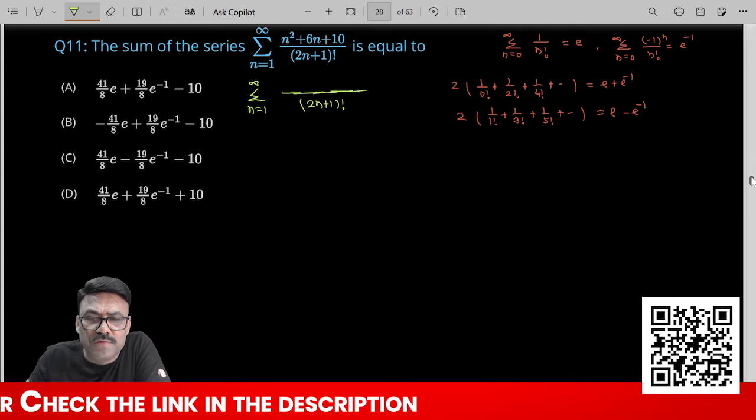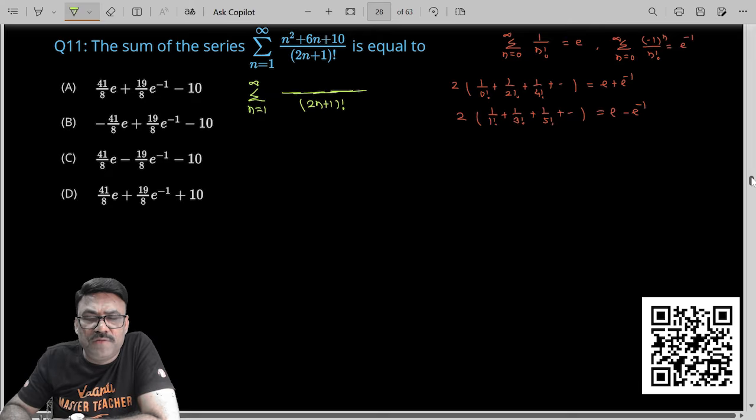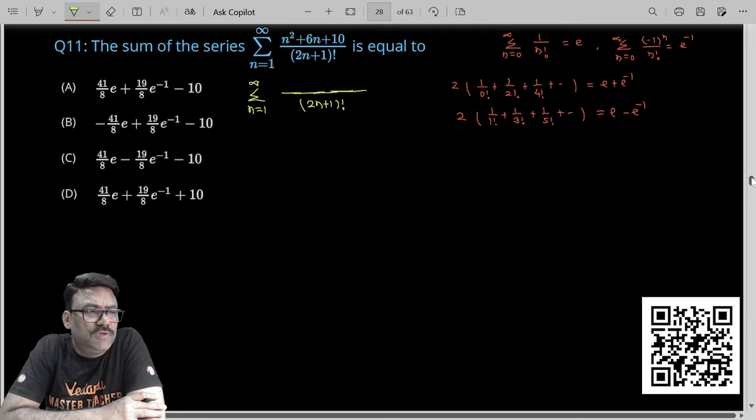So I need 2n here. If I multiply with 2, this will become 2n square plus 6n. And 2n square plus 6n, if I take 2n common, means what I'm trying to do here, I'm trying to write the numerator in terms of 2n plus 1 only.